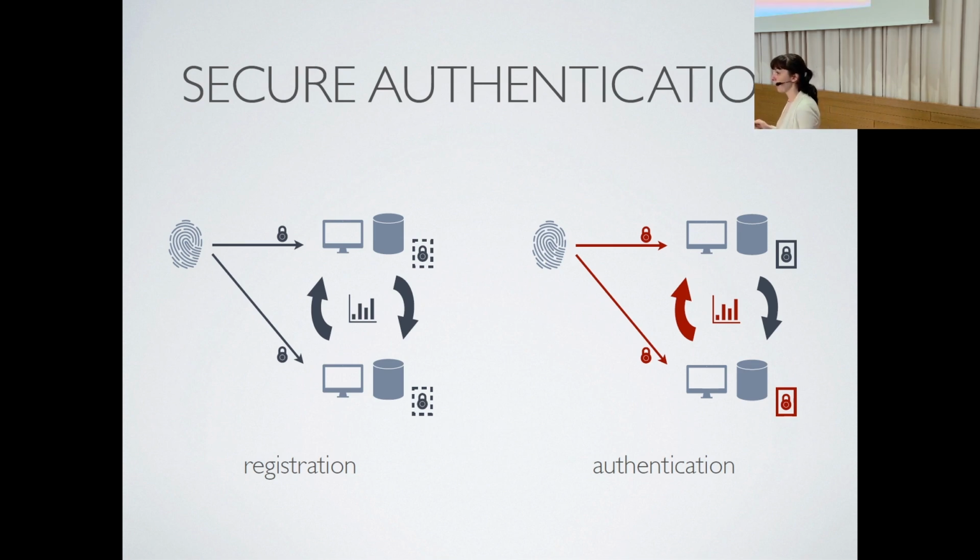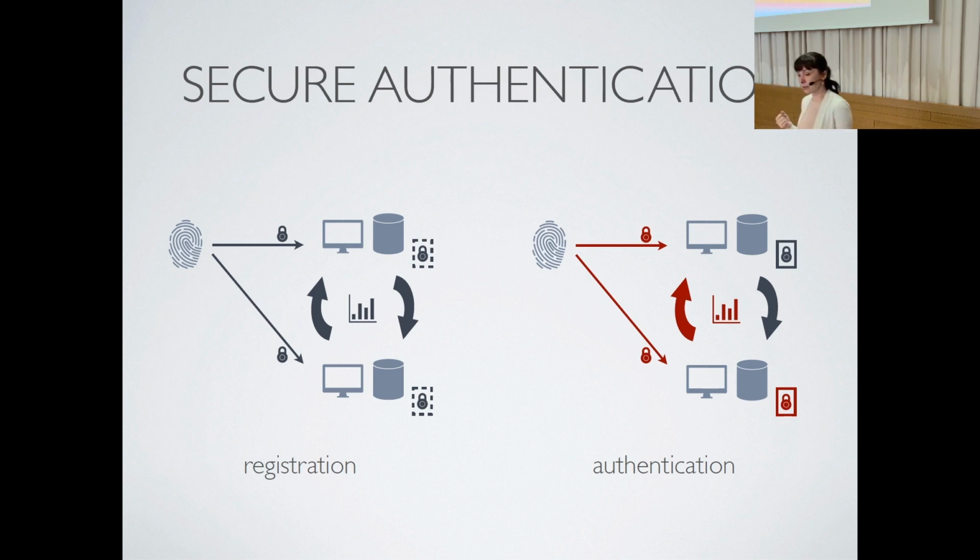The original user left their traces in the system. Their biometric is encoded based on what is being stored, and this can be the target of attack. So if we look at these two phases separately, we won't be able to capture the fact that the privacy of the first user can be compromised through a later computation, right?